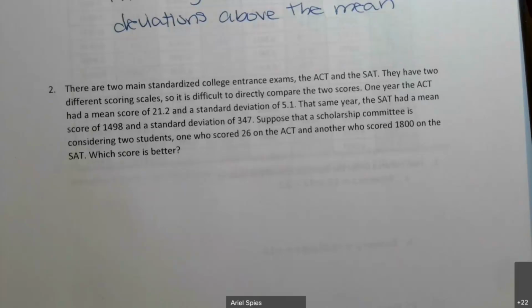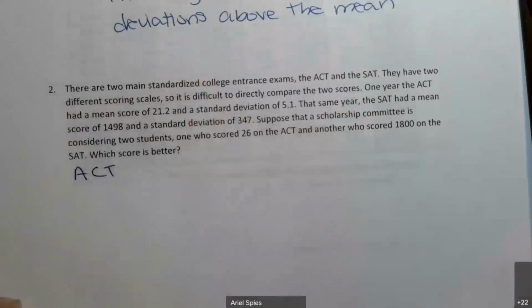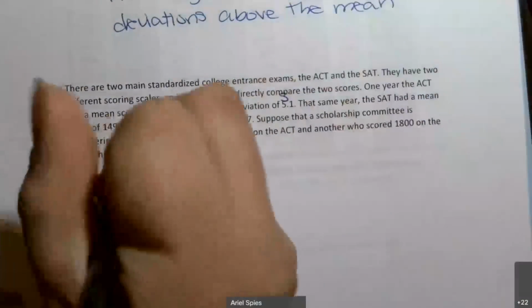Which score is better? So, first thing I want to do is go ahead and find my z-score for the ACT. So my x bar is the 21.2, my s is the 5.1, and the score I care about is the 26.